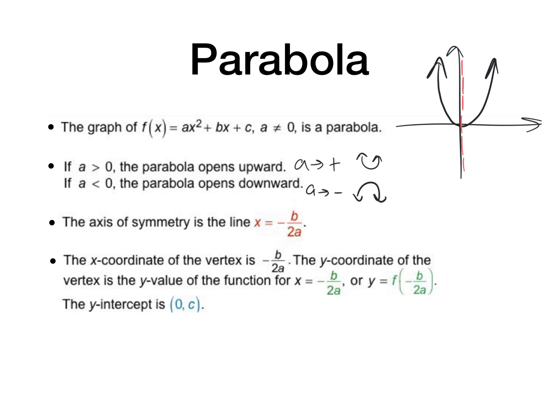The x is negative b over 2a, and then the y value of the negative b over 2a. The vertex would be your x and y values. You find your x by using the equation negative b over 2a, and you find your y by plugging whatever that number is into the equation.